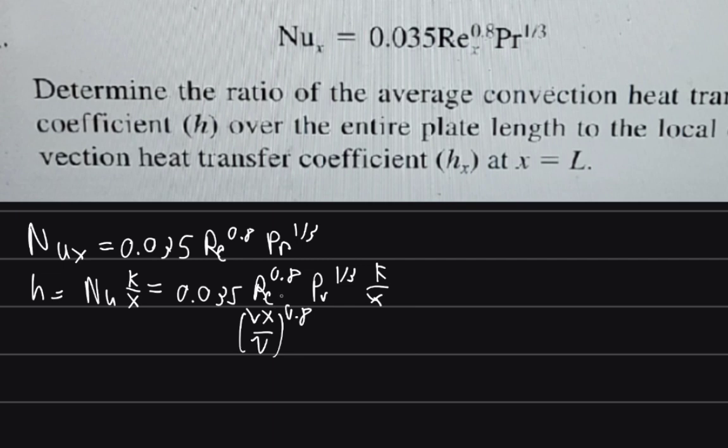But notice that there is an x on top and an x on bottom, so we can subtract those exponents and say 0.8 minus 1. So now we have this to the power of 0.8 times 0.035.